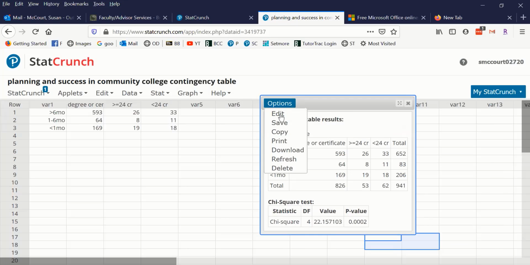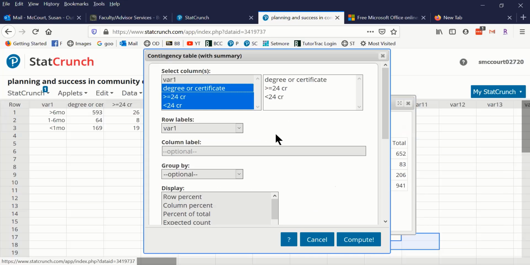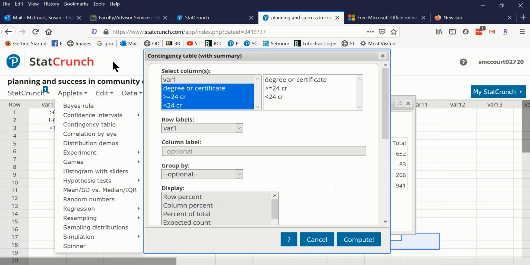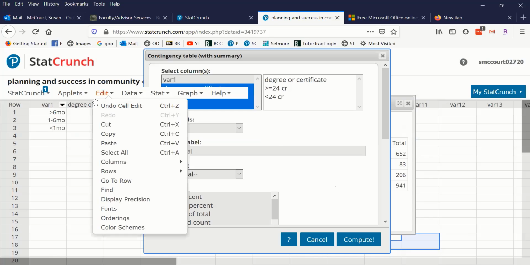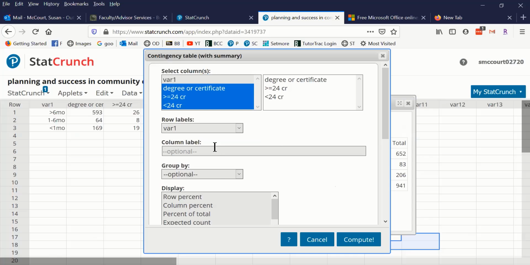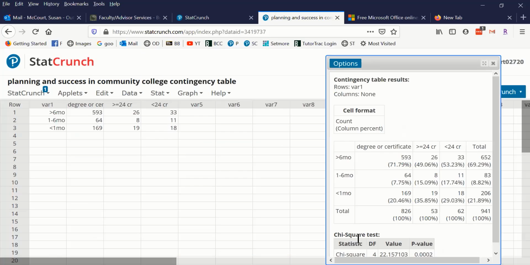But what I want to do is go back, and we want to calculate the conditional distribution of the response variable, which is success. And the response variable success is in the columns. It's at the top of each column. So I'm going to do a column percent and compute.